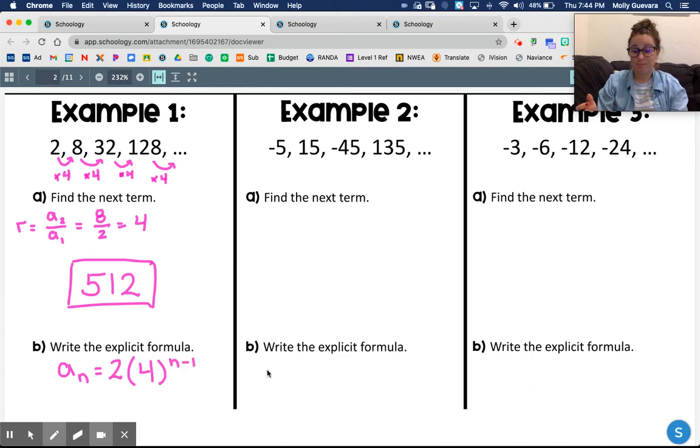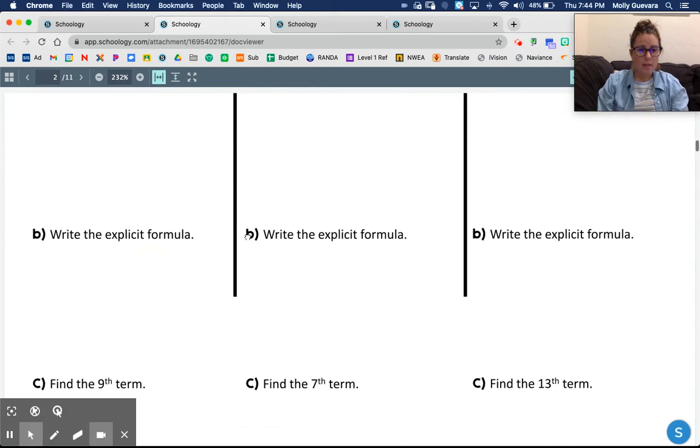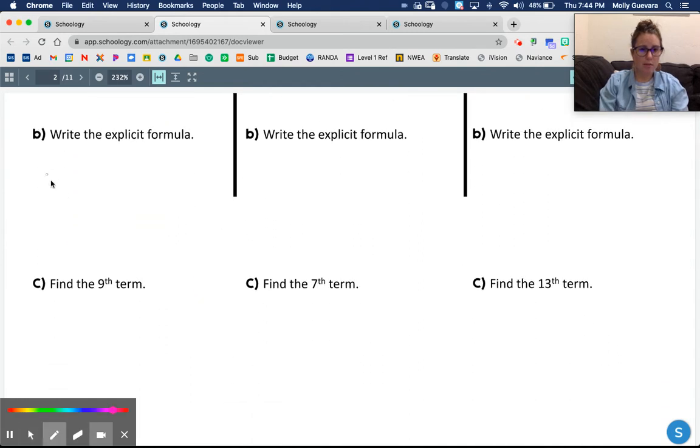That's it. And then part C, so let me rewrite this equation. So a sub n equals 2 times 4 to the n minus 1.